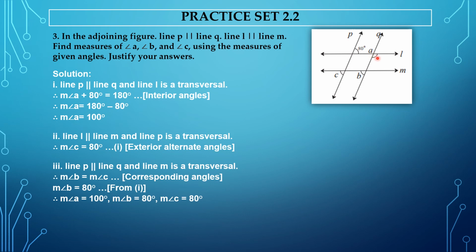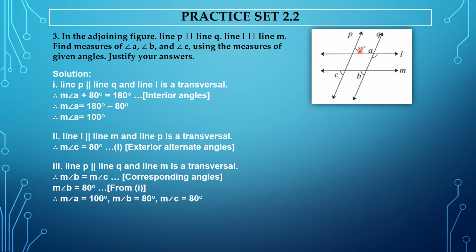Is it clear? So here they have shown, you make the angle symbol in the figure here. Where A is written, make it here. Now, next we have to find B and C also. Now students, we have to take line L and line M parallel and P is the transversal. Now I've taken this line L and line M parallel and P is the transversal.